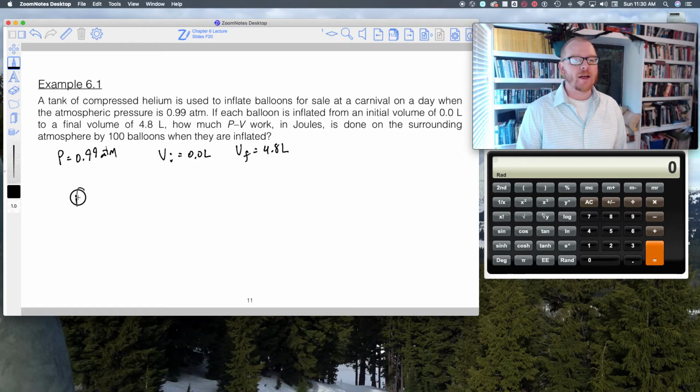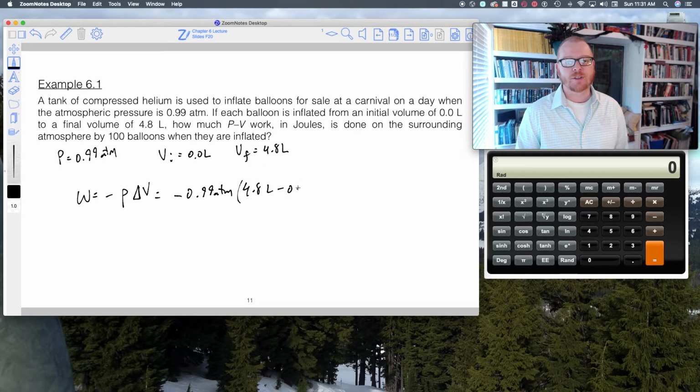And so our formula is work equals negative P delta V. And so that's going to equal negative 0.99 atm times final minus initial, right? So that's 4.8 liters minus 0.0 liters.